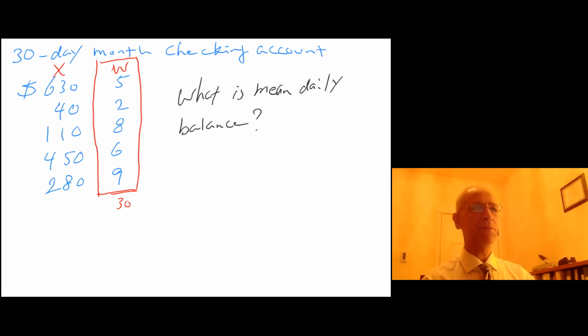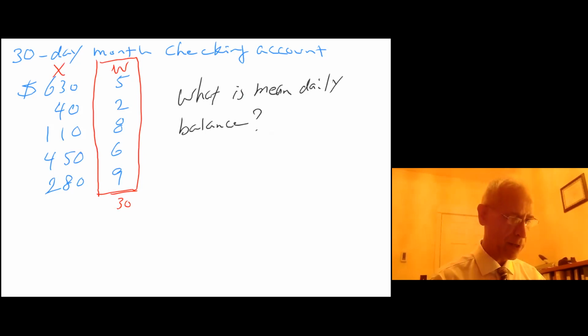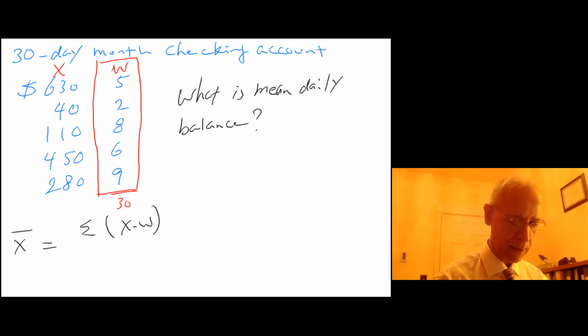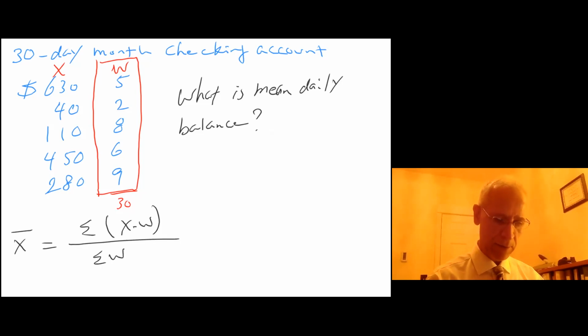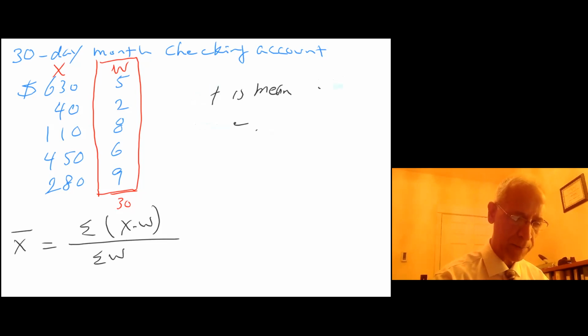All right, what does that mean? That means weighted average. So once again, I have X bar equals sigma X times W, divided by sigma W.